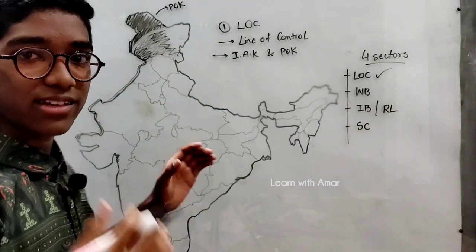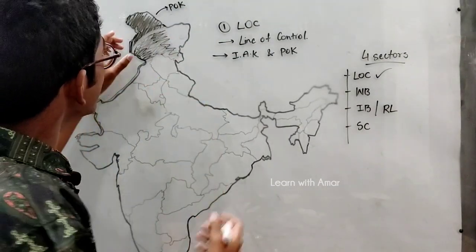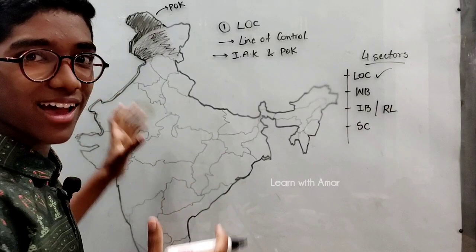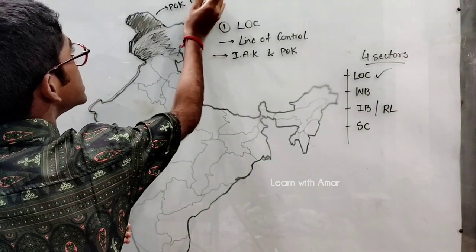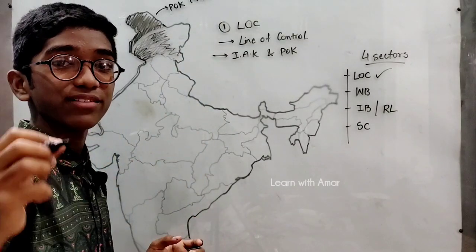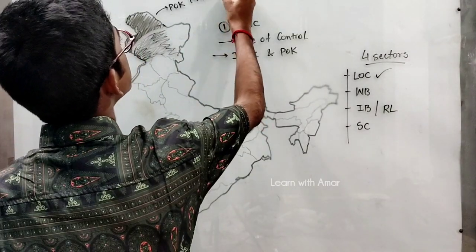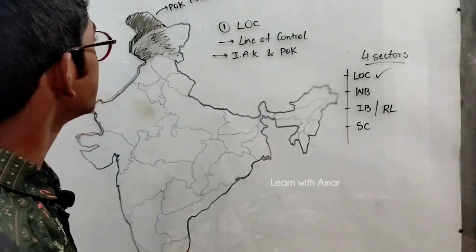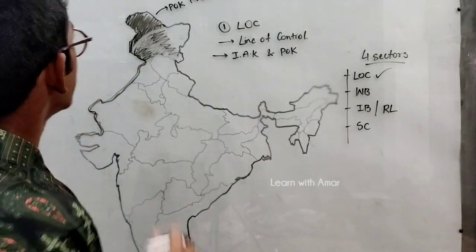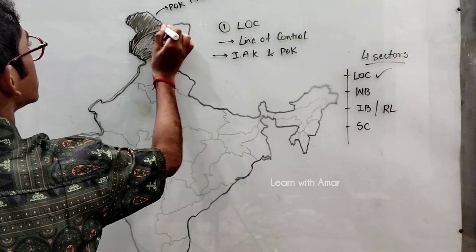This illegal occupation happened in the year 1947, just the year when we got independence, some day in the month of October. Yeah, right. This is the border.